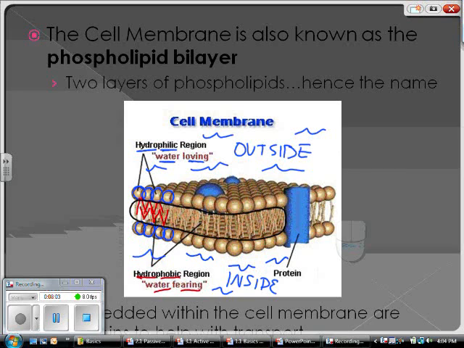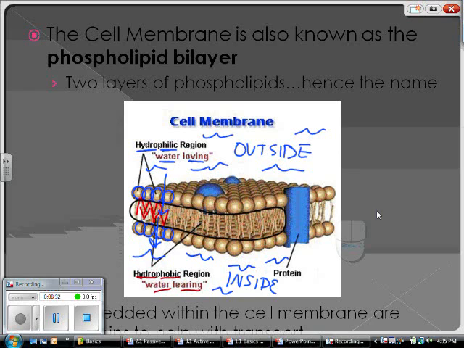There's no water in that space. In fact, if water tries to move through, it gets pushed right to the other side in a real rush. Remember those fatty acid tails? Fatty acids, they're a type of lipid. Lipids repel water. That part of the phospholipid repels water, pushes it away. So it's going to push that water straight on through.